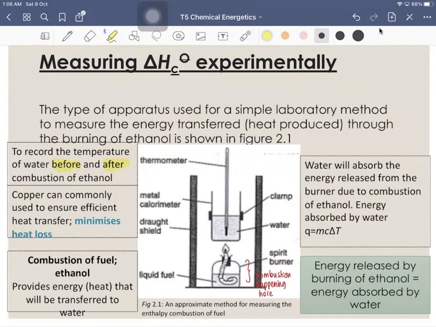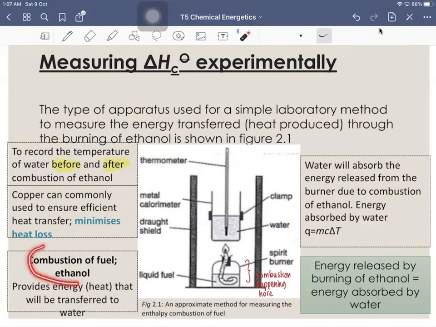As for the calorimeter or the cup that we use, in our lab we use the polystyrene cup. Usually the best one is to use copper, but we don't have a lot. So we just choose the most suitable material, the material that minimizes heat loss, and polystyrene is good enough.